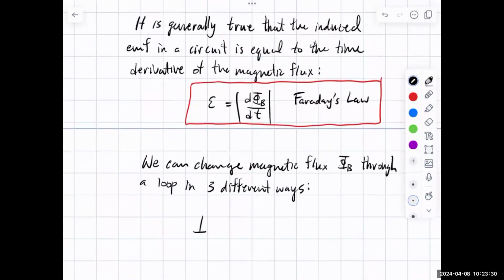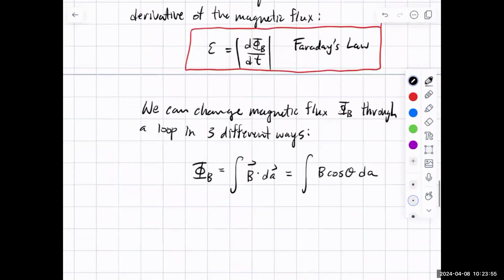First, let me just write down the expression for the magnetic flux. It's B dot dA, like so. I think I've been using a small a. If we wanted to expand out the dot product, we could write this as B cos theta times dA.